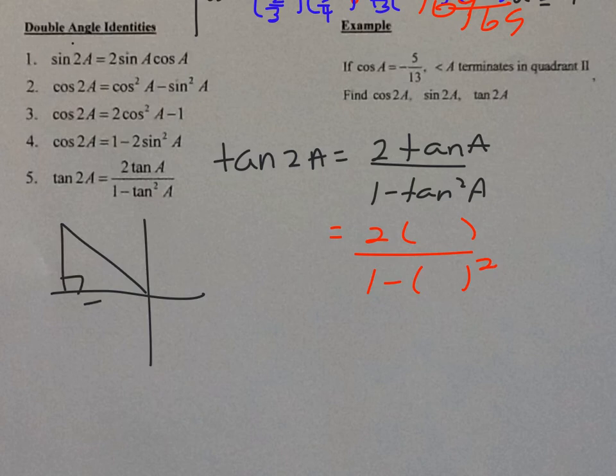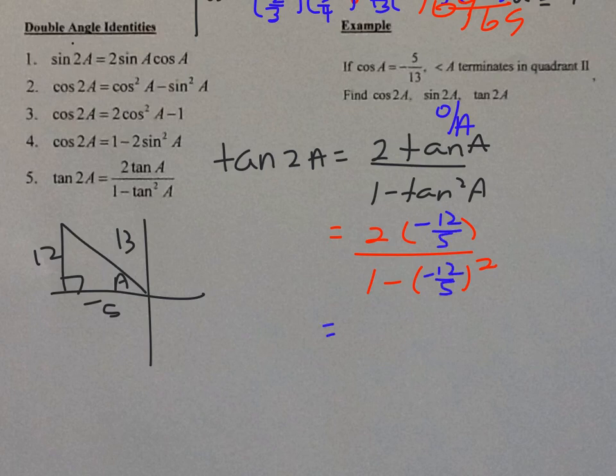So that was negative 5, 13, and this was 12. So I need tangent. Tangent is opposite over the adjacent. So that is going to be 12 over negative 5, so negative 12 fifths. So we have 2 times negative 12 fifths, which is negative 24 fifths.